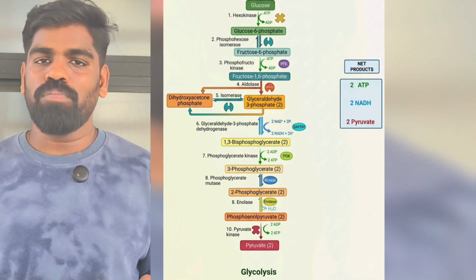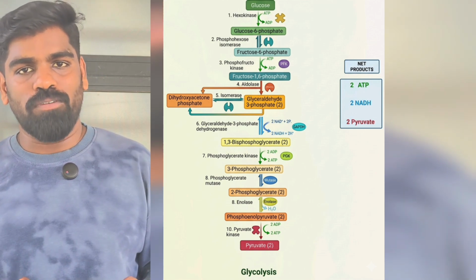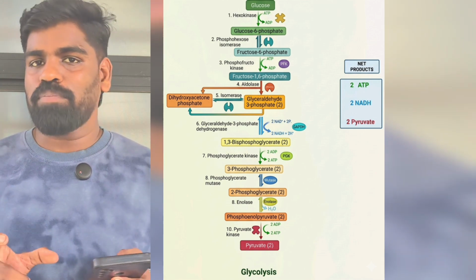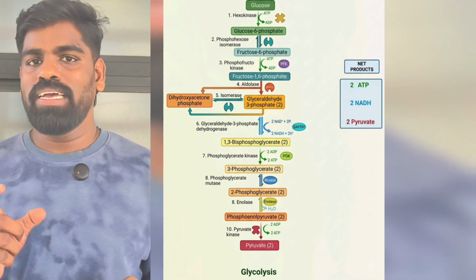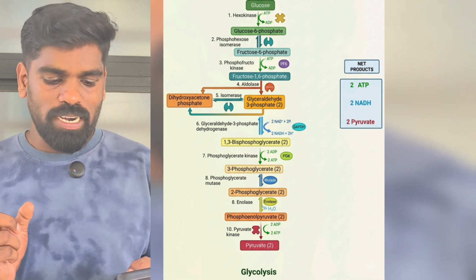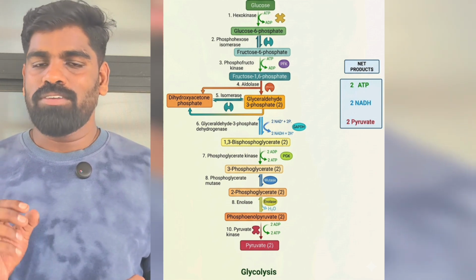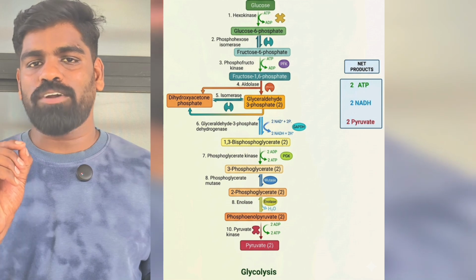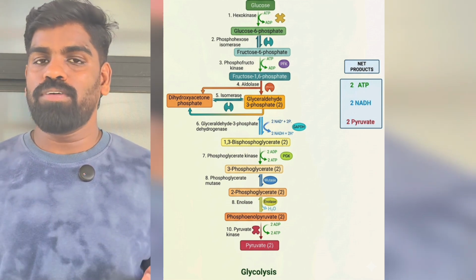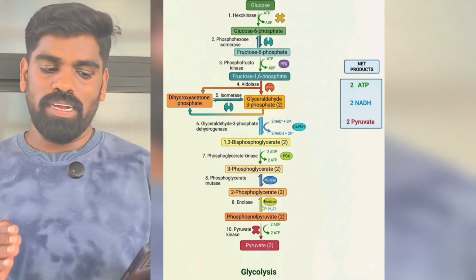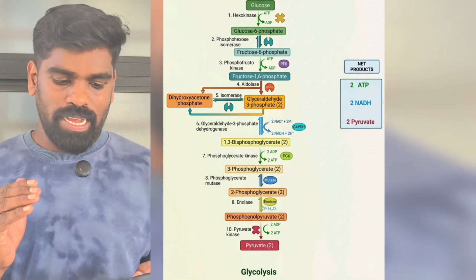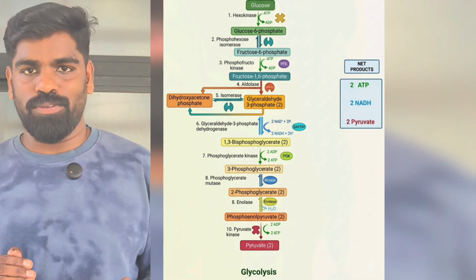and it takes place in the presence of Mg2+. Now fructose 1,6-bisphosphate, in the presence of aldolase enzyme, is converted into triose phosphates. Here one molecule of fructose 1,6-bisphosphate is converted into two molecules, glyceraldehyde 3-phosphate and dihydroxyacetone phosphate.